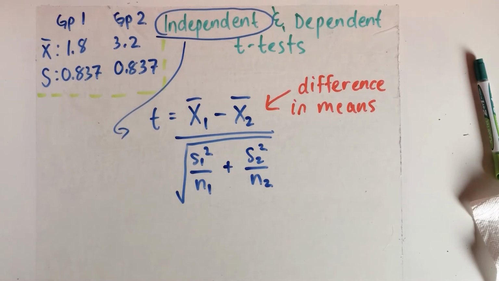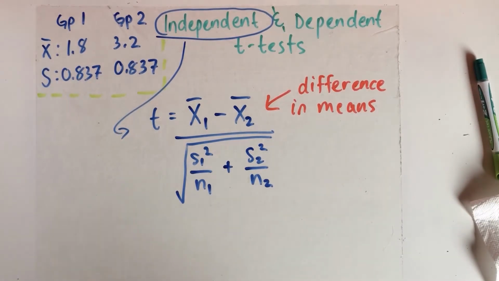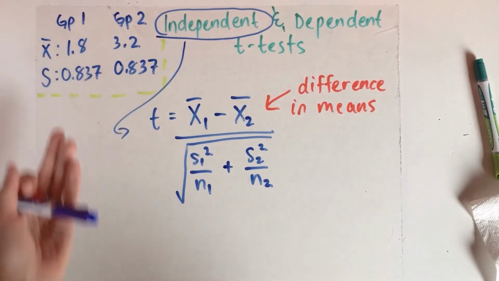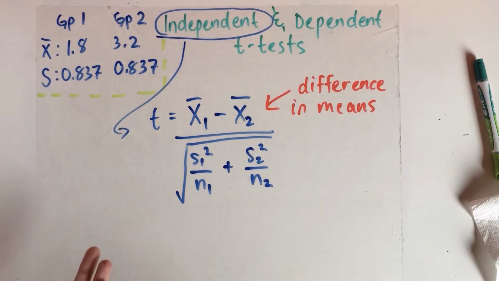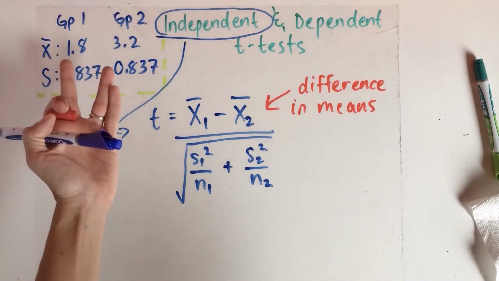And that is, oh man, math on the spot. Okay, wait, I think it's 1.4. So the idea is they differ from each other by 1.4. And is 1.4 an actual significant difference?